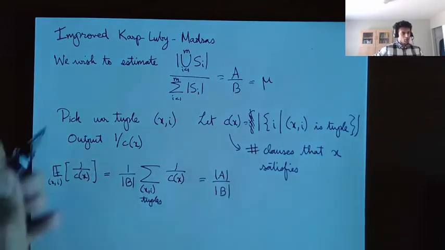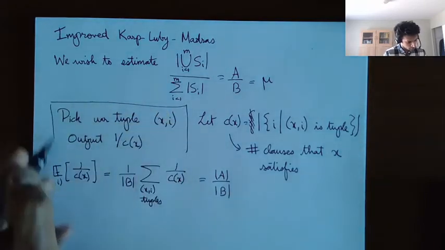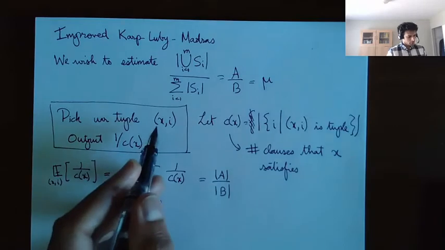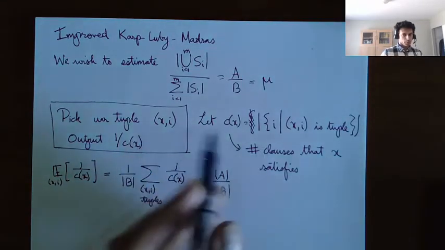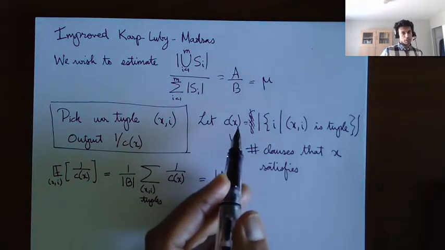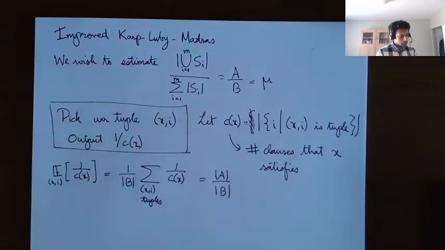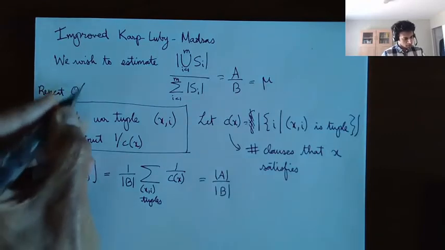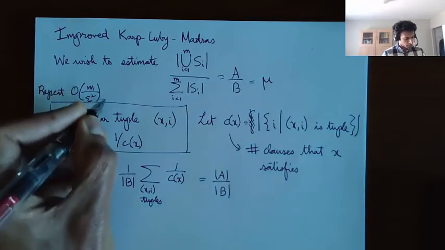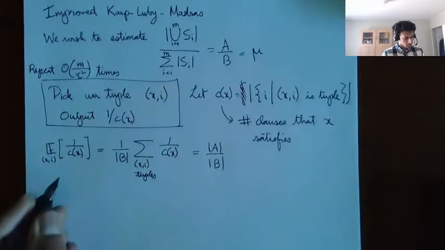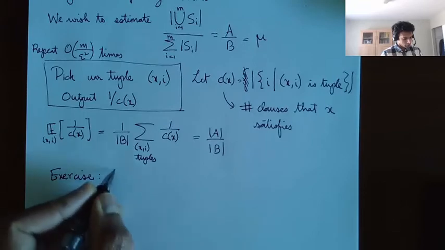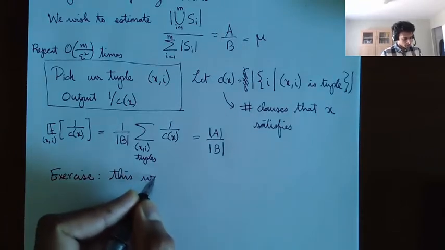So this algorithm, instead of doing an association, one could pick a uniform random tuple, compute c(x) just by walking through all the clauses, and output 1 over c(x), and one could then repeat this O(m over epsilon squared) times. As an exercise, just show that this works.